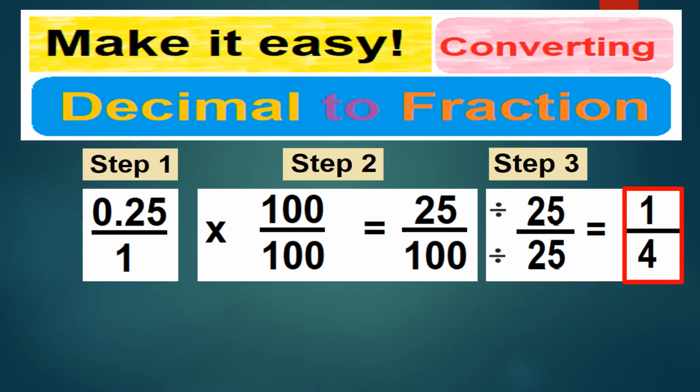In this case, 25 is the biggest number that we can use to divide both numerator and denominator. So, 25 divided by 25 is equal to 1. 100 divided by 25 is 4. So, the final answer is 1/4.